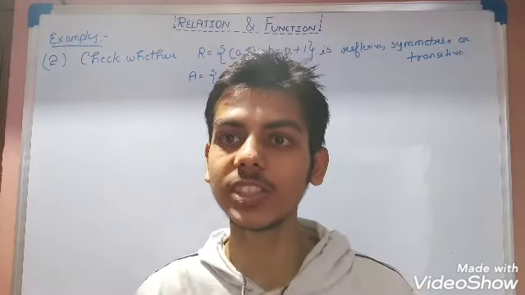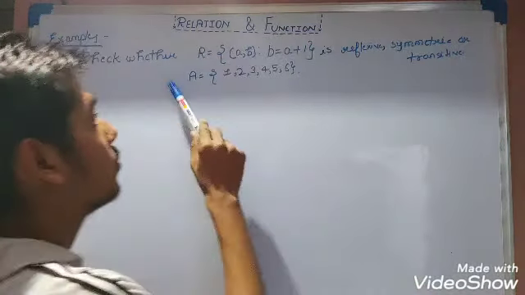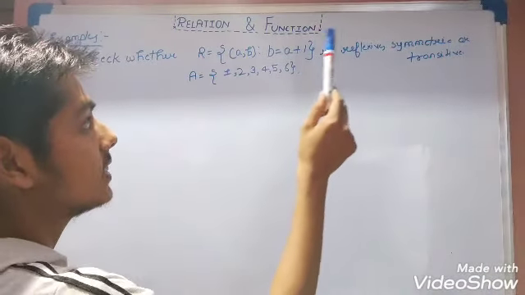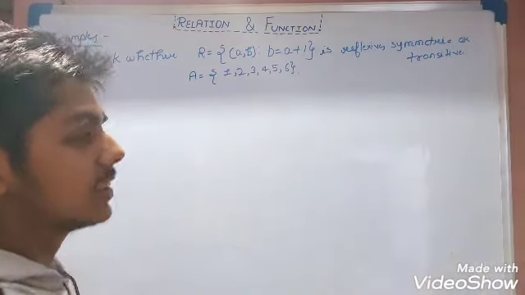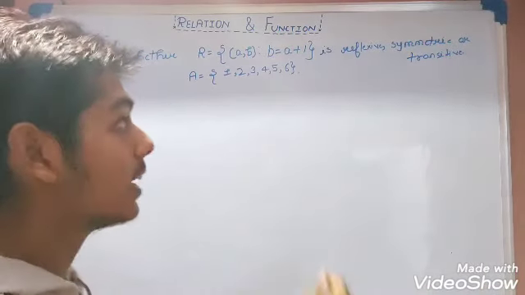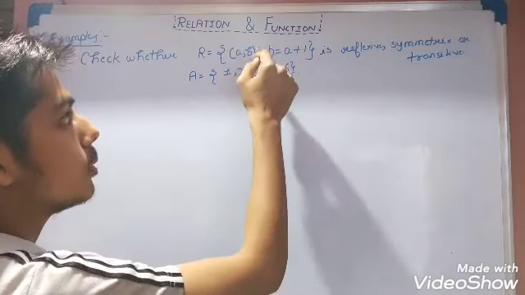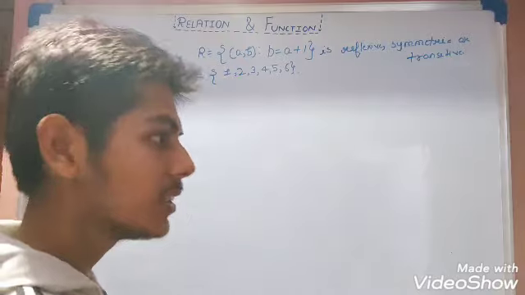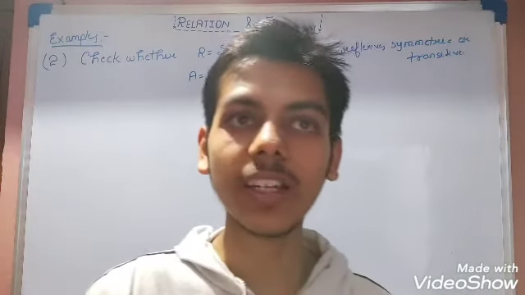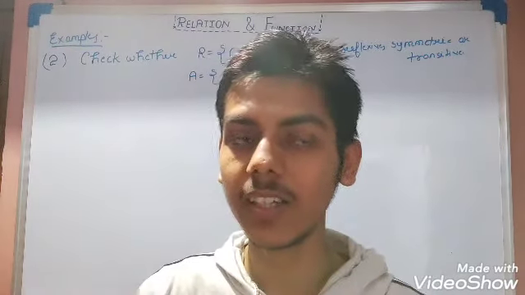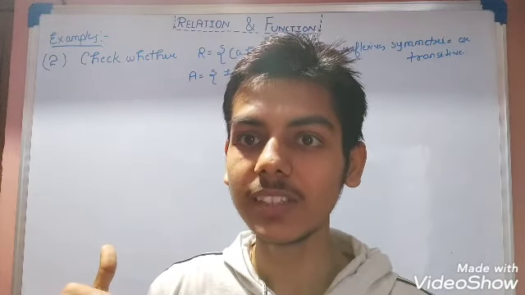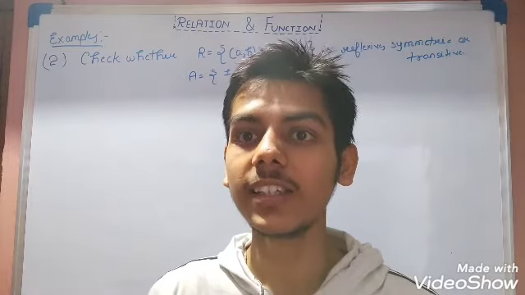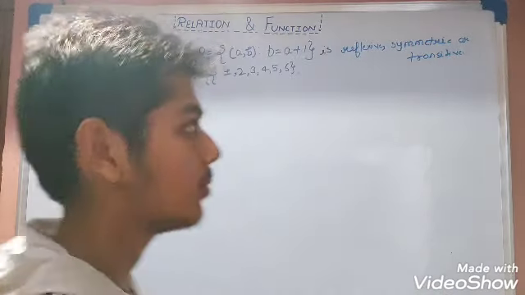The next question is, check whether the relation R on set A is reflexive, symmetric or transitive, where relation R is given by R equals (a, b) such that b is equal to a plus 1. Here we try a new approach. We solve this by simply writing the relation set in roster form.